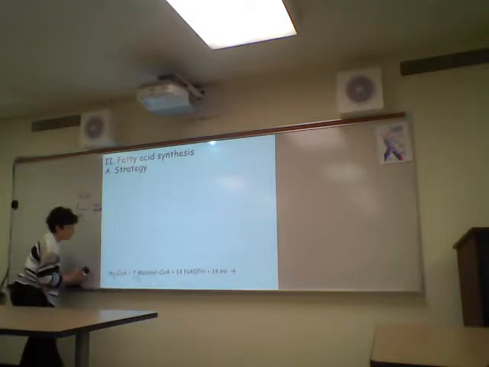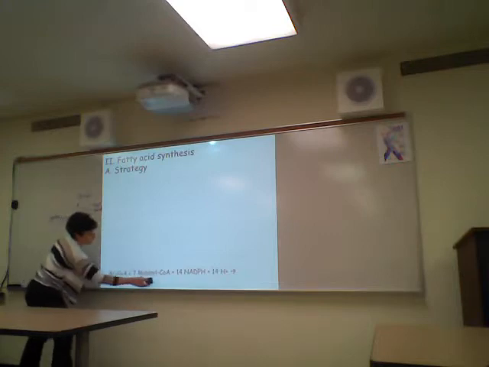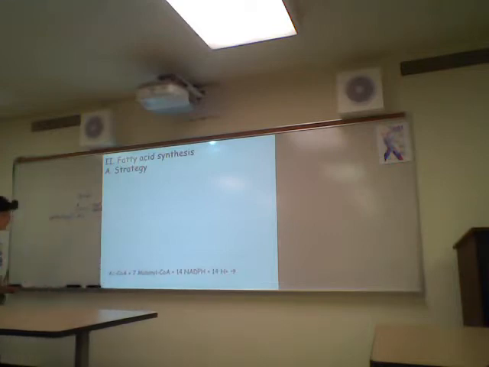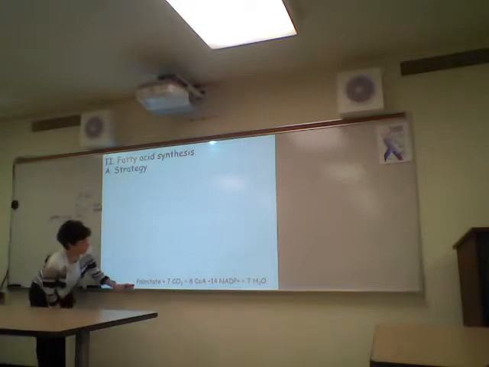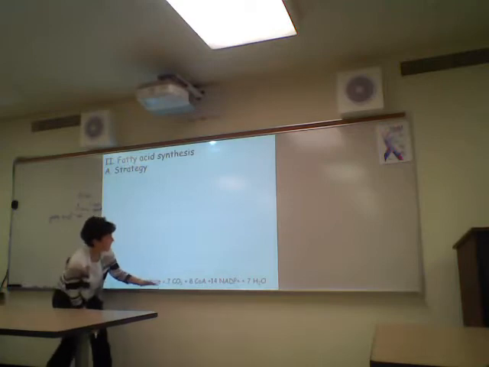So you're going to have 1 acetyl-CoA, 7 malonyl-CoA, 14 NADPH, 14 hydrogens. We're going to make 1 palmitic acid and 7 carbon dioxide.